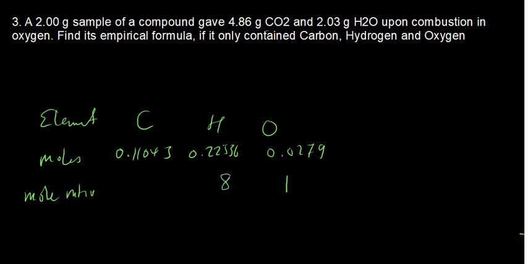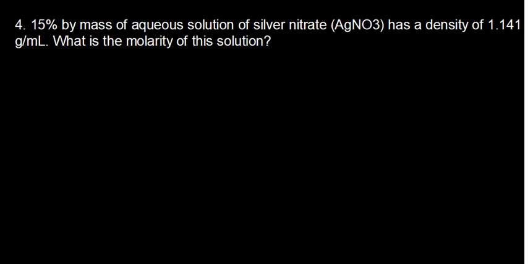And for carbon, 0.11043 divided by 0.0279 is giving us about 3.9, which is 4. So our empirical formula therefore is C4H8O. That will be it. Let's look at the last question.